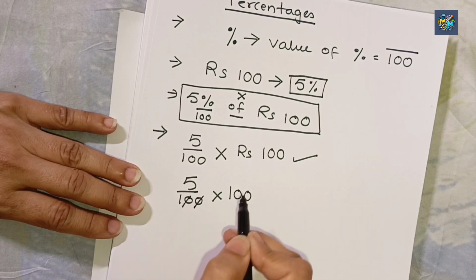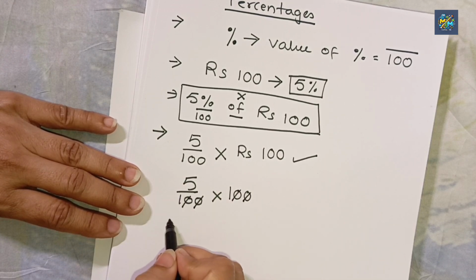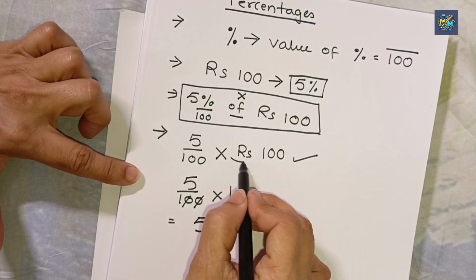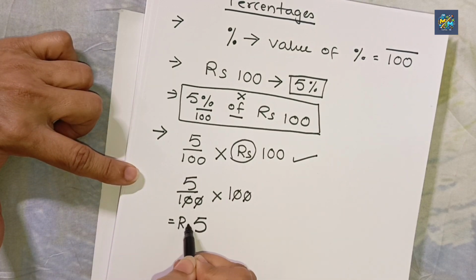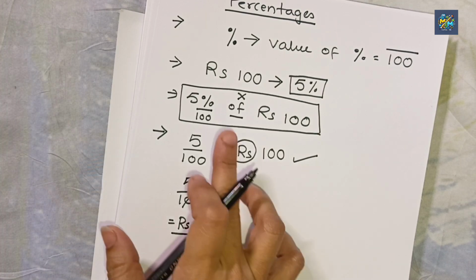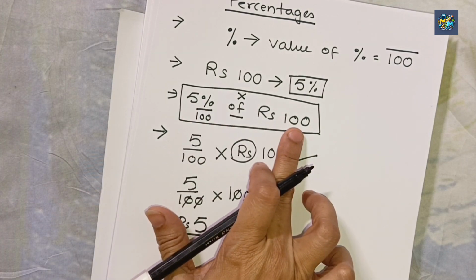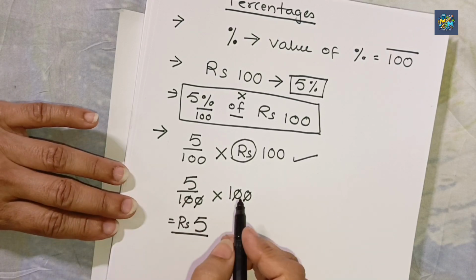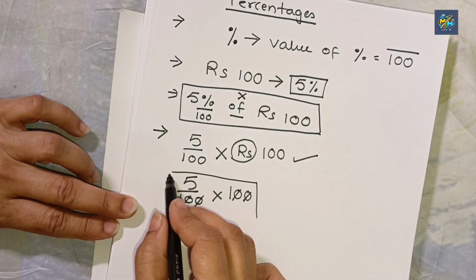The 0 0 gone, and 0 and 0 gone. What is left? Only 5. Now what was the unit over here? It was rupees. So rupees 5 is my answer. That means 5% of rupees 100 is rupees 5. So I guess this is easy, and I hope that you know how I did this.